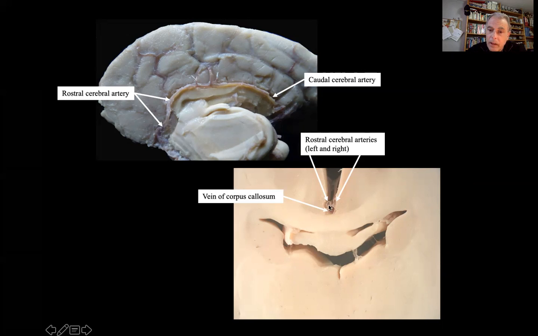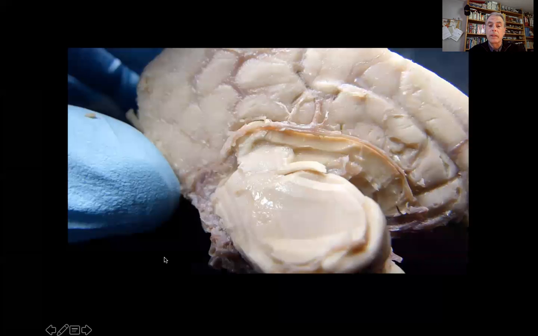The one in the middle here corresponds to the vein of the corpus callosum, because it's an unpaired vein. And dorsally, we have two vessels. These are the rostral cerebral arteries here that have been sectioned transversely. Okay, so we have the vein of the corpus callosum and the right and left rostral cerebral arteries.